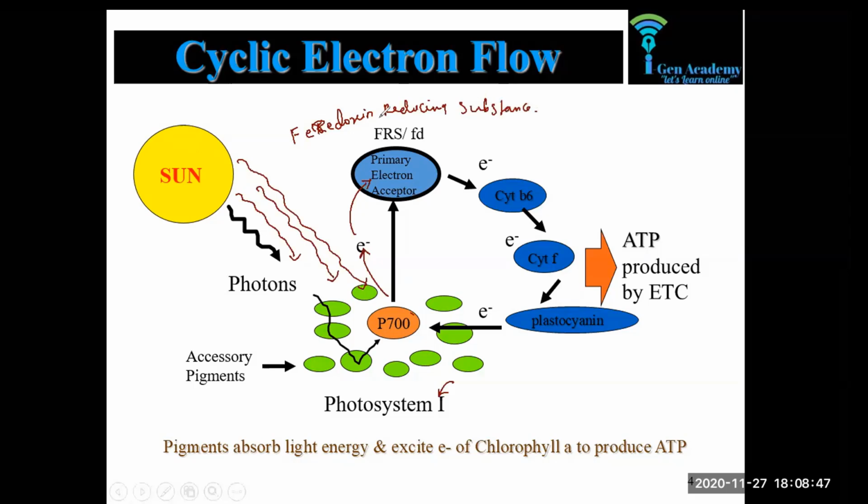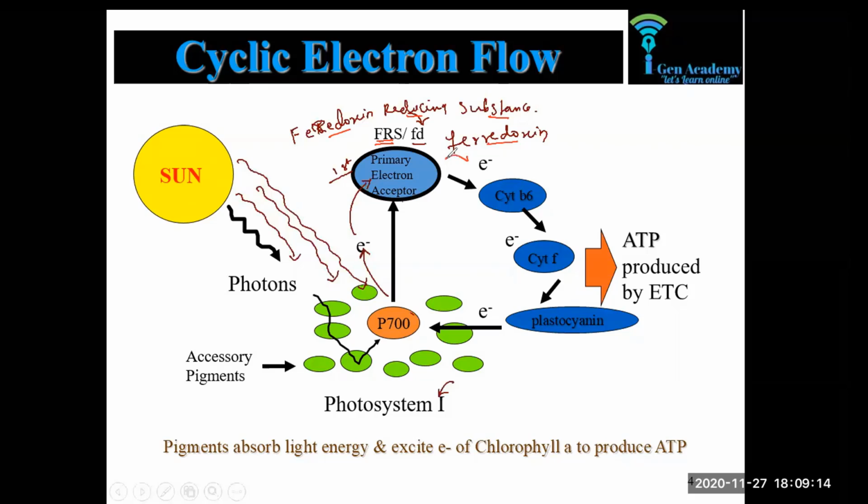This ferredoxin reducing substance leads to the reduction of ferredoxin. So who is the primary electron acceptor? The first electron acceptor is FRS, the ferredoxin reducing substance, which passes the electron to ferredoxin.